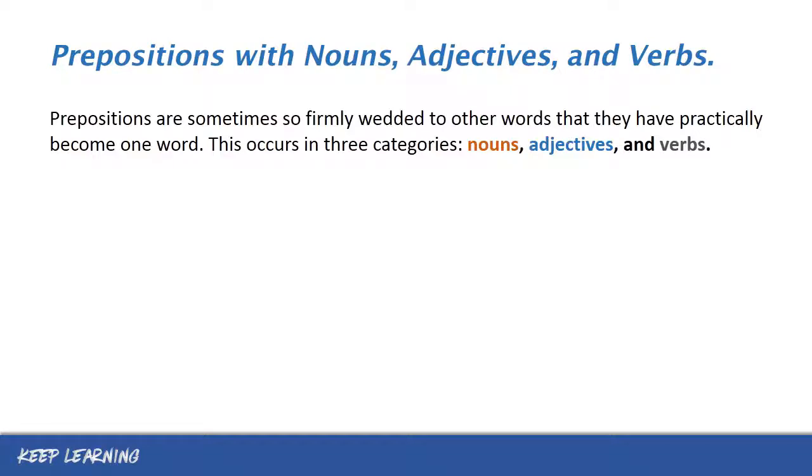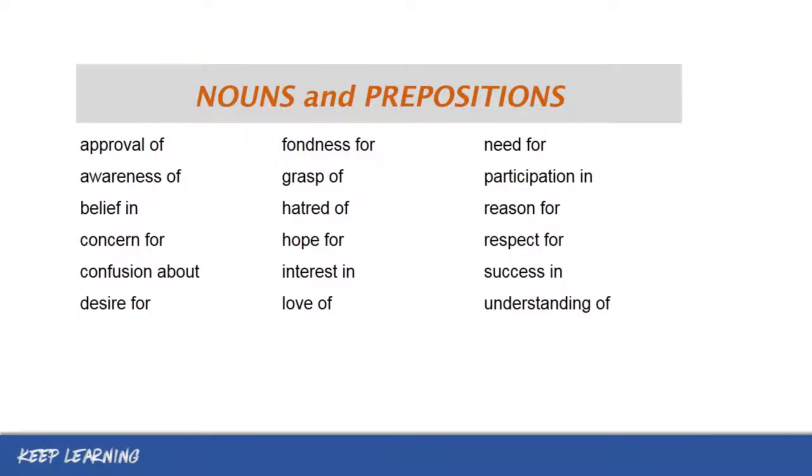Prepositions with nouns, adjectives, and verbs. Sometimes the prepositions are so attached to other words that they're one unit now. You always have to say approval of, awareness of, belief in, concern for, confusion about. You don't say confusion of.